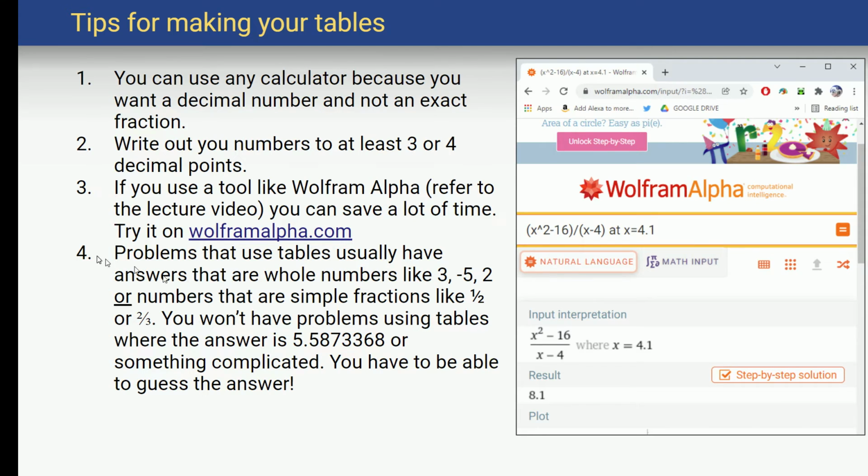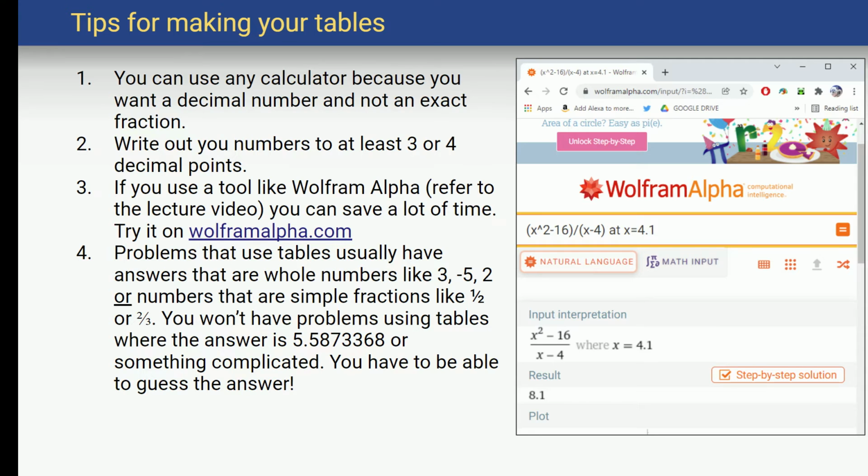So the other thing is, if you're solving problems like homework problems, keep in mind that your answers are supposed to be something you can guess at. So you're going to see whole numbers like we just had the answer 8. You're going to have answers like 8 or other whole numbers or simple fractions. So like 1/2, right?